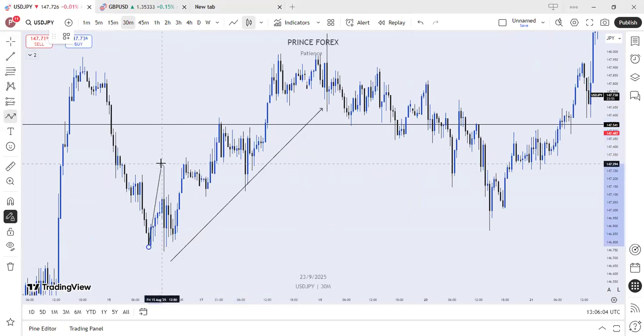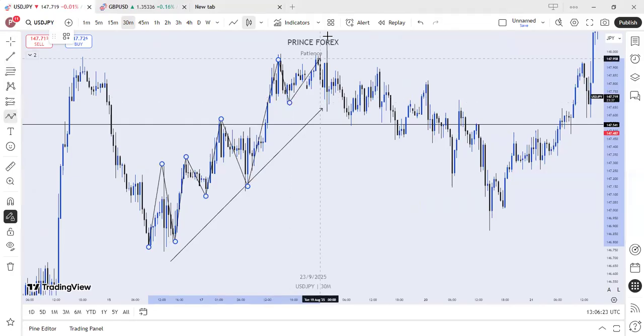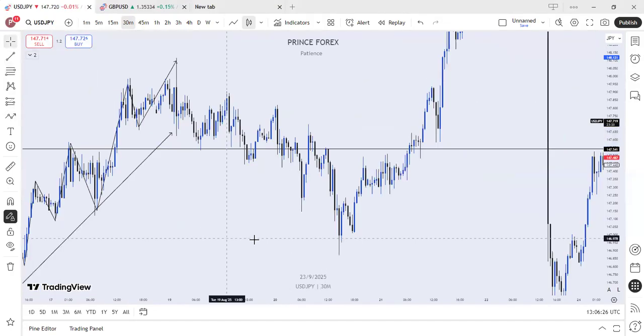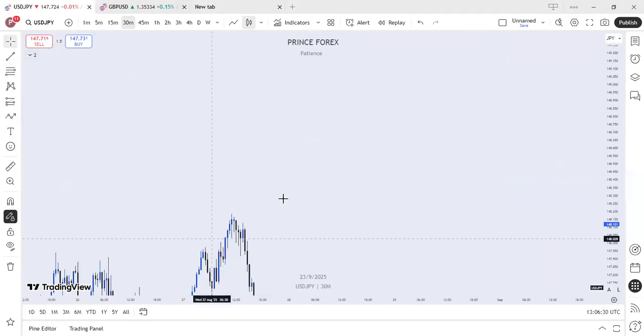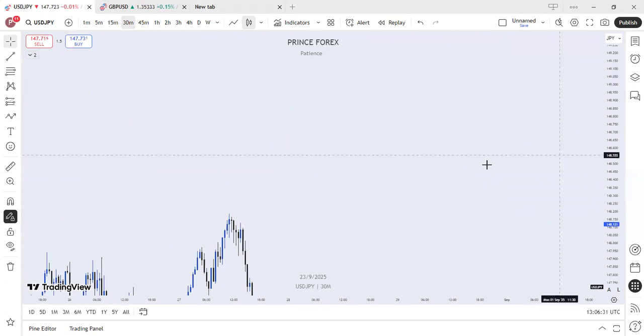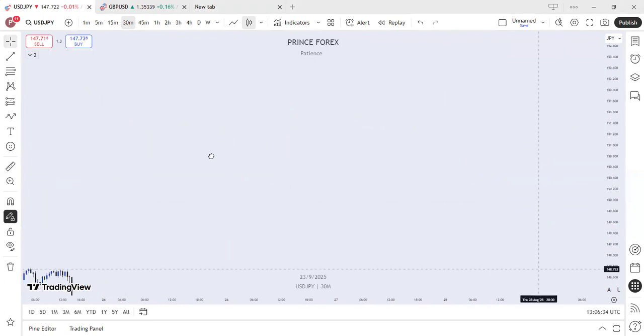Price gave me higher high, higher low, higher high, higher low here, higher high, because this high is higher than this. This one here was higher than this. So a higher high, higher low, higher high, and then price came all the way down here, right? And then gave me another higher high. So it continues like that. You can find a whole lot of them in your chart, right? So that is for uptrend.